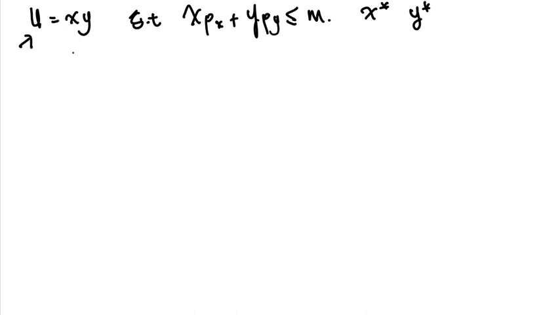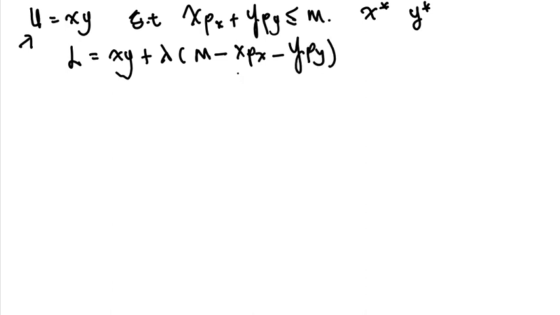First, as usual, construct a Lagrangian function. So the Lagrangian function here is xy plus lambda in bracket m minus x px minus y py, isn't it? So this is the Lagrangian function. As usual, we need to find the first order condition because this is the optimization problem of utility. Then differentiate the Lagrangian function with respect to x. We get y minus lambda px equals 0.